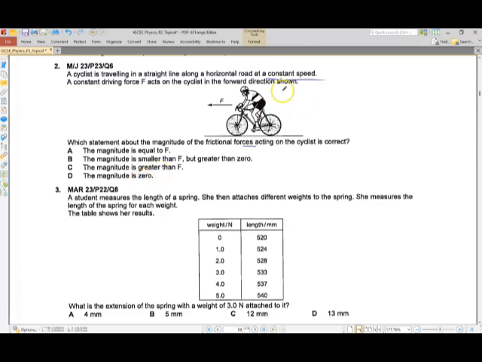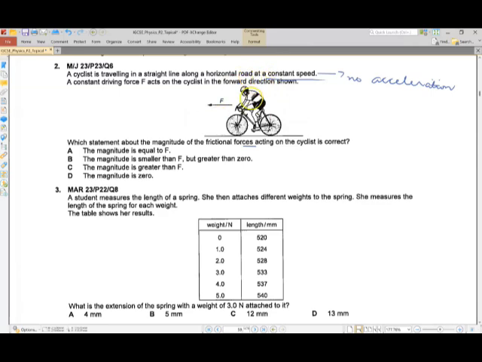Here the key word is constant speed, meaning there is no acceleration. Constant speed means no acceleration. So the driving force would be equal to the frictional force. If F were greater, the cyclist would accelerate and not move at a constant speed.